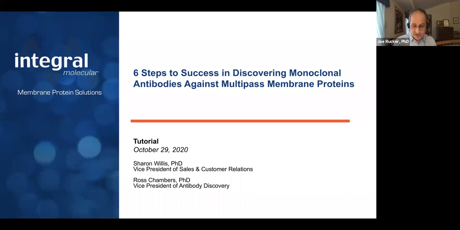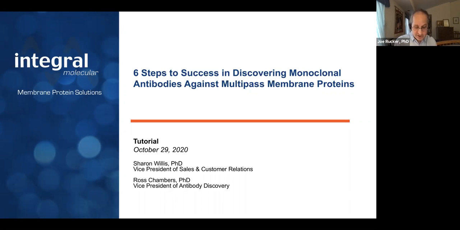Our second speaker is Ross Chambers, who's our Vice President of Antibody Discovery at Integral Molecular. Dr. Chambers directs all antibody discovery projects at Integral Molecular. He brings a decade of experience in the industry, leading the discovery of more than 2,000 antibodies. Dr. Chambers pioneered the use of DNA immunization for the production of antibodies in 2003, commercialized the genomic antibody technology, the GATT technology, for the rapid isolation of antibodies, and he continues to develop new antibody discovery technologies.